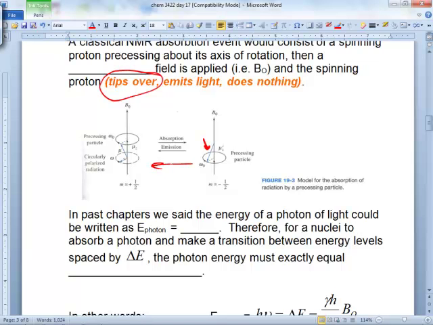What would it emit? What type of light? What region of the electromagnetic spectrum? Ultraviolet? Radio wave. How did it get there in the first place? It absorbed radio wave. What frequency would it emit? Does it have any choice?